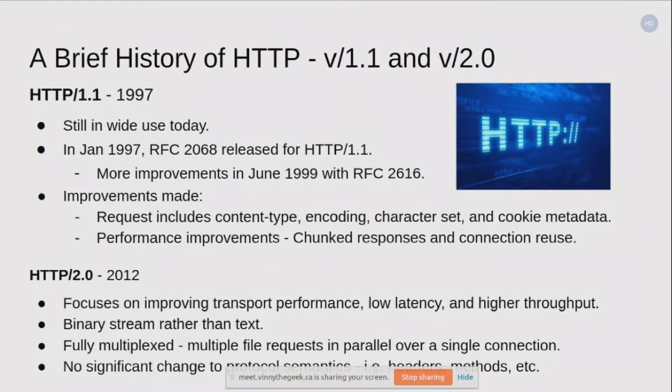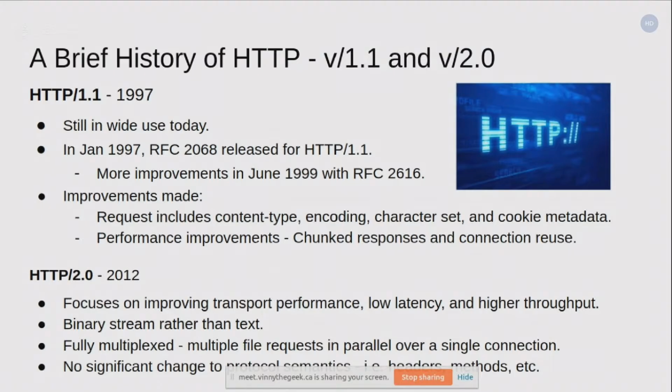And finally, we get some performance improvements, such as chunked responses and connection reuse. We no longer get back only one document per TCP/IP session. Now you can have multiple interactions, with multiple documents sent back in one TCP/IP session.